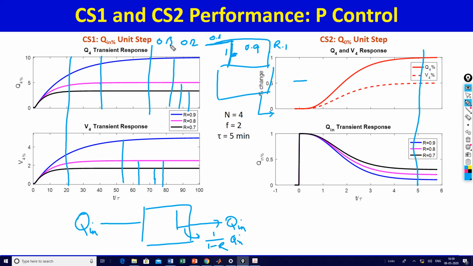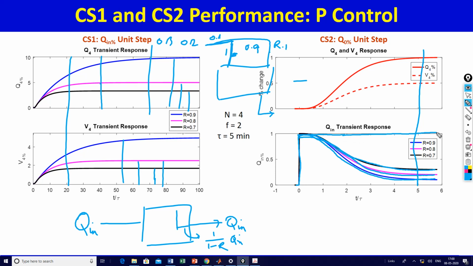For R equal to 0.9, the blue curve settles at 0.1. This is the flow in the fresh feed. The magenta curve, which is for R equal to 0.8, settles at 0.2, and the black curve, which is for R equal to 0.7, settles at 0.3. So when you add this and the recycle, what you get is a perfect step in Q naught. Yeah, perfect step.